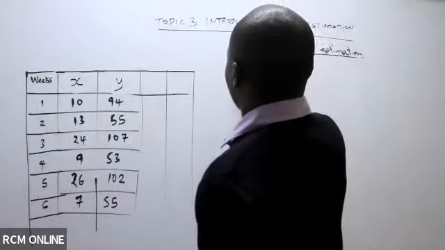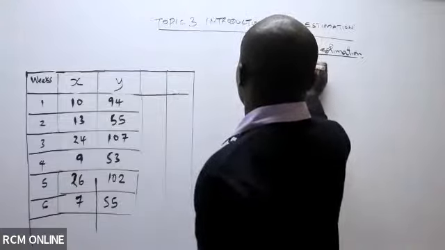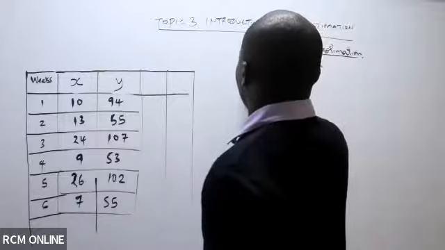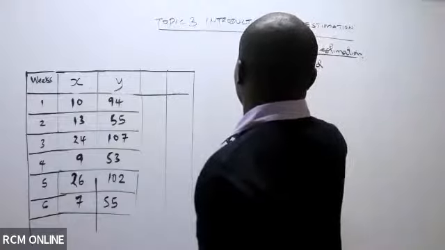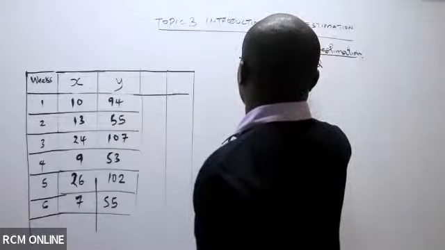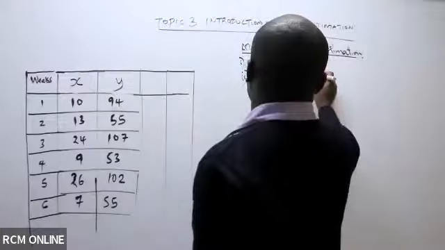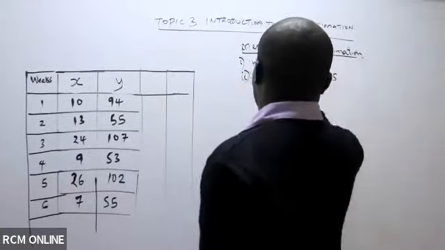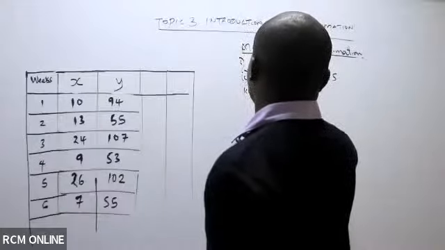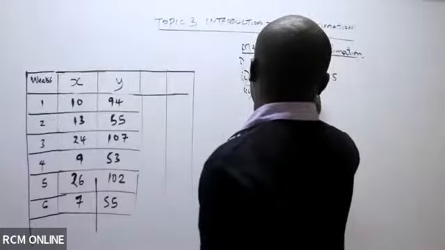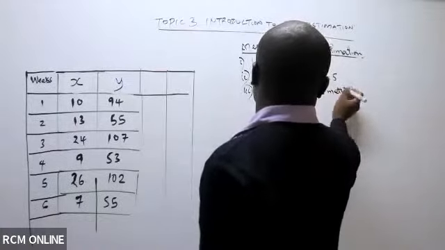So number 1, you'll be required to use the high-low method. Number 2, you are required to use what we call simple regression or ordinary least square method. Number 3, we have account analysis method.